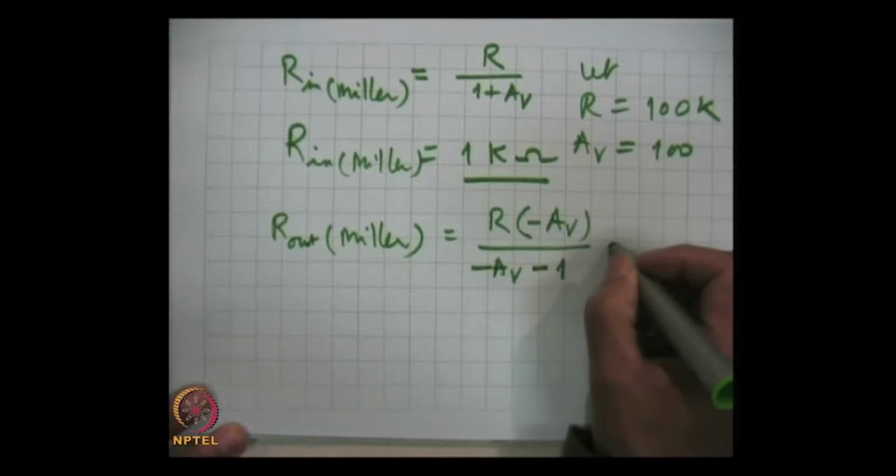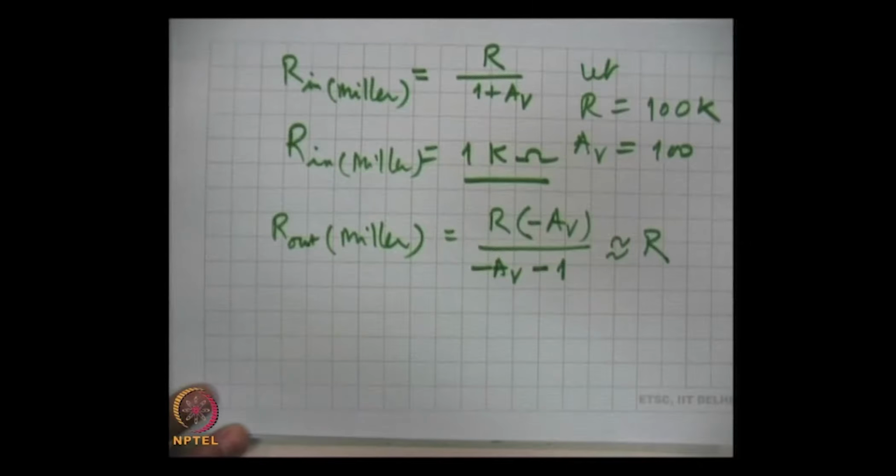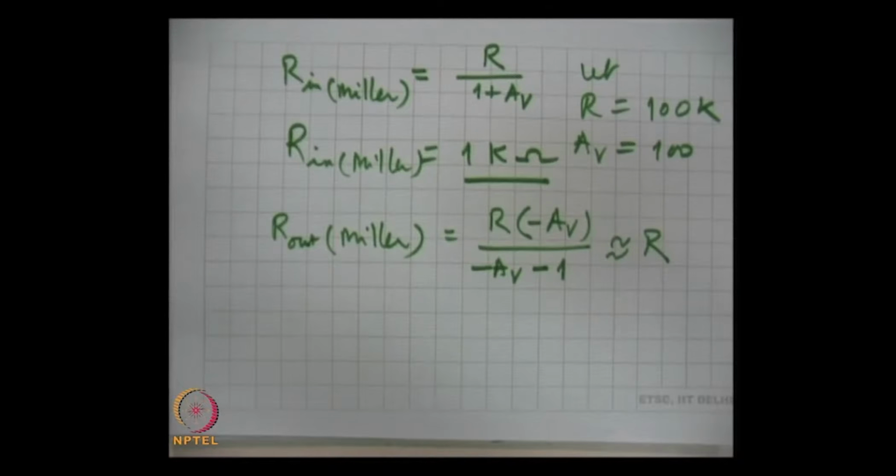So, this is obviously very close to R. So, whatever is the value of resistance, that appears in shunt form to the circuit. So, this is when Z was purely a resistance.